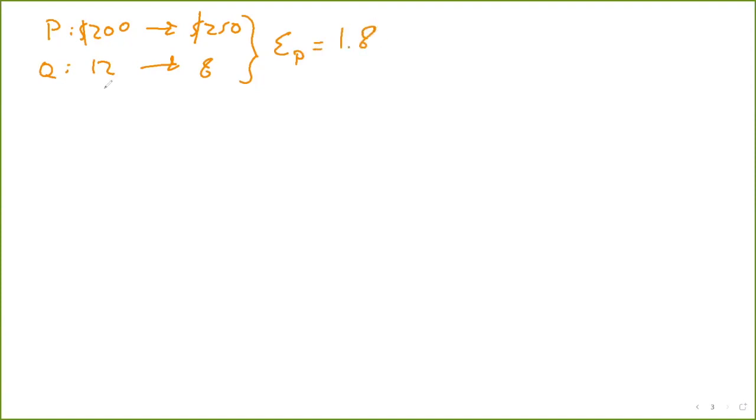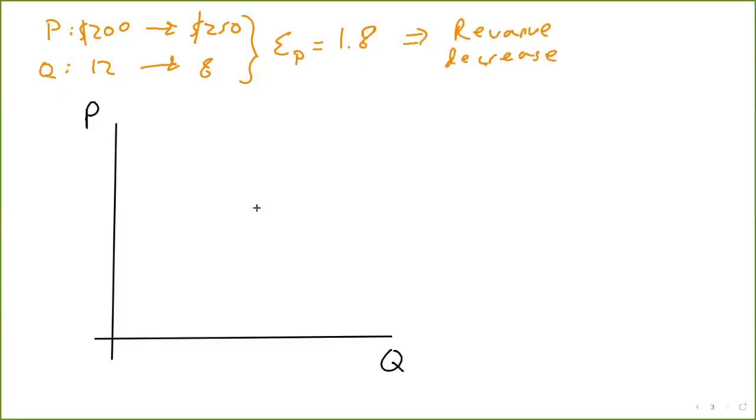So we know from the last slide we just filled out that since price elasticity is greater than 1, the percentage change in quantity is going to be larger than the percentage change in price, which means total revenue decreases. So remember, if we have an elastic demand curve, that means our demand curve is going to be fairly shallow. So it might look something like this.